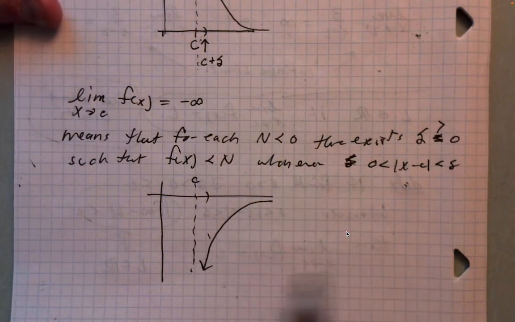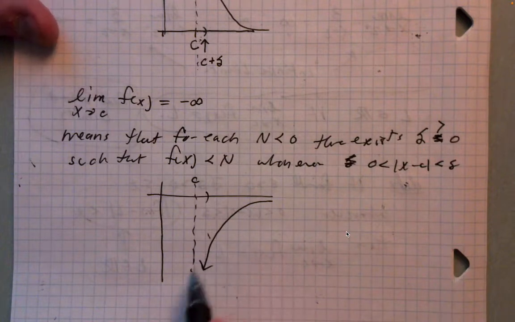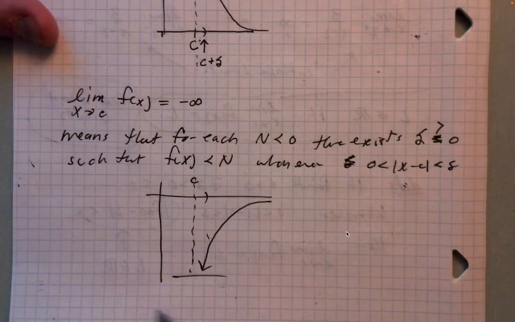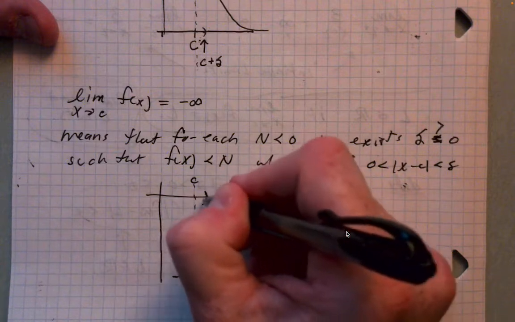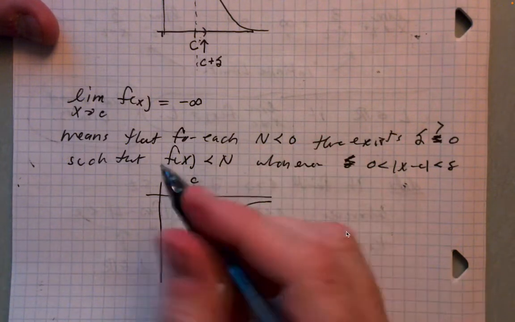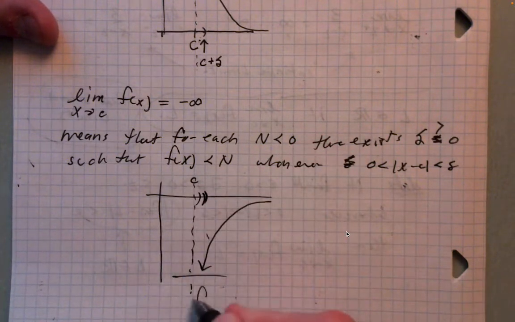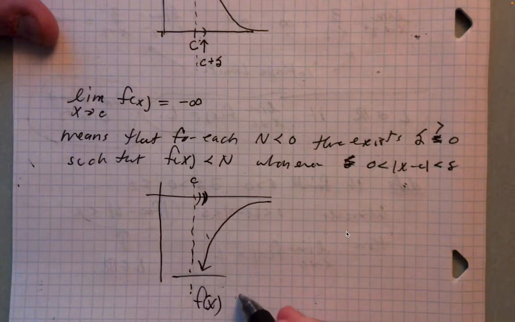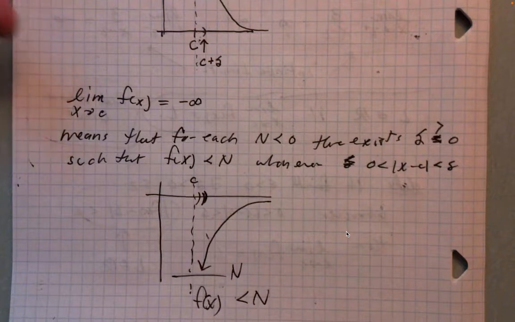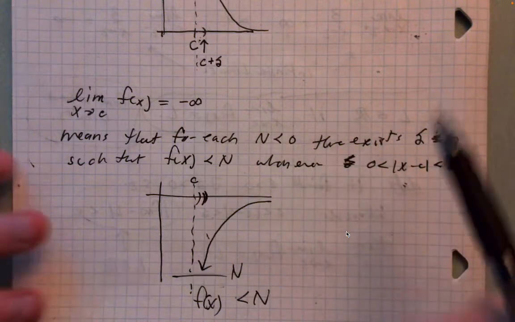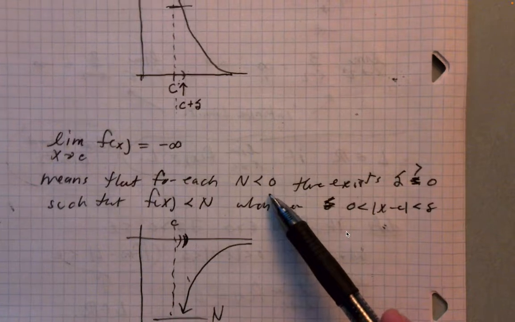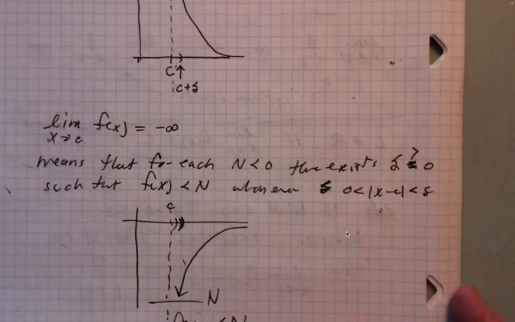So if you give me some arbitrarily large negative number, something way down here, then I'm going to have to get very, very close to c in order to produce a value of the function that is less than the n you gave me. So it's basically the exact same thing, just flipped over. Up above, you wanted an arbitrarily large m. Here you want an arbitrarily small n, right? So it's kind of the same idea.